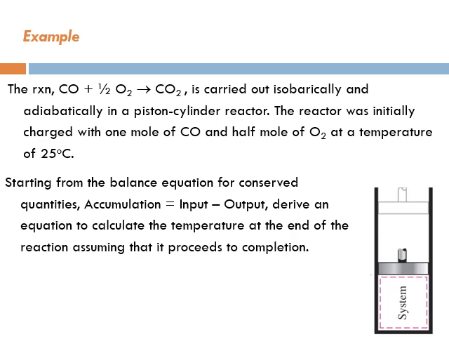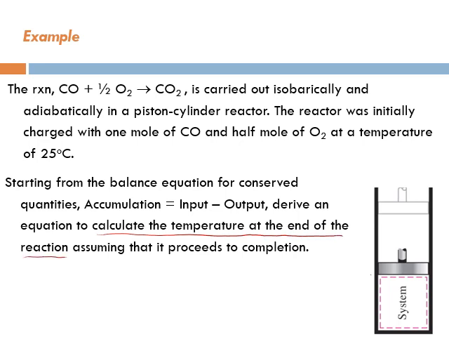Starting from the balance equation for conserved quantities, accumulation equal input minus output, derive an equation to calculate the temperature at the end of the reaction, assuming that it proceeds to completion. So now we need to derive an equation to calculate the temperature at the end of the reaction.